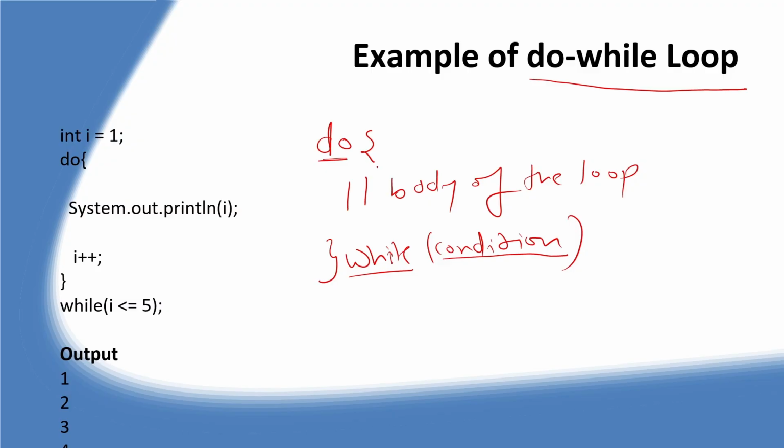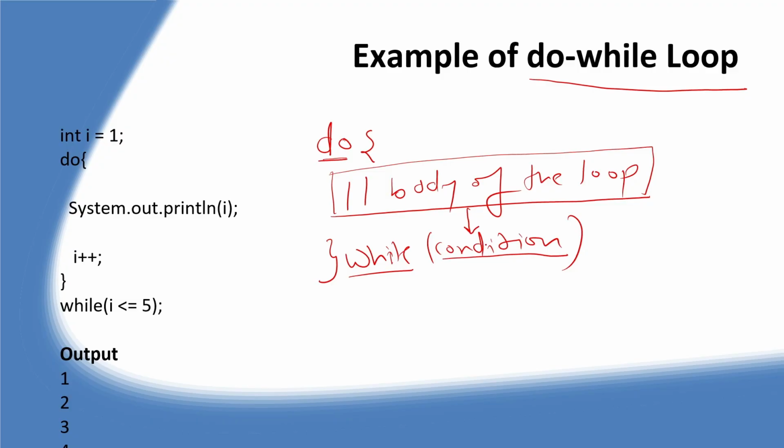So first, the statements inside the do block, that is the body of the loop, are executed. After that, the condition is checked.